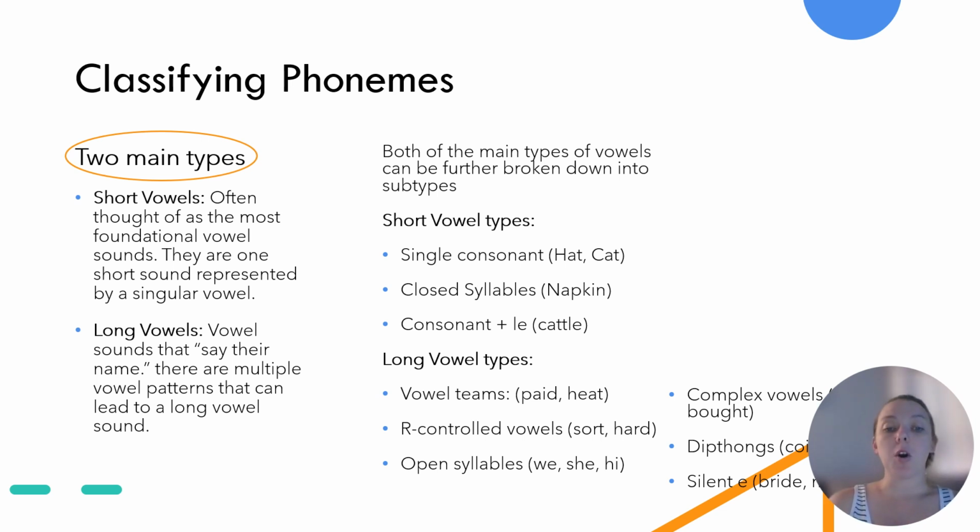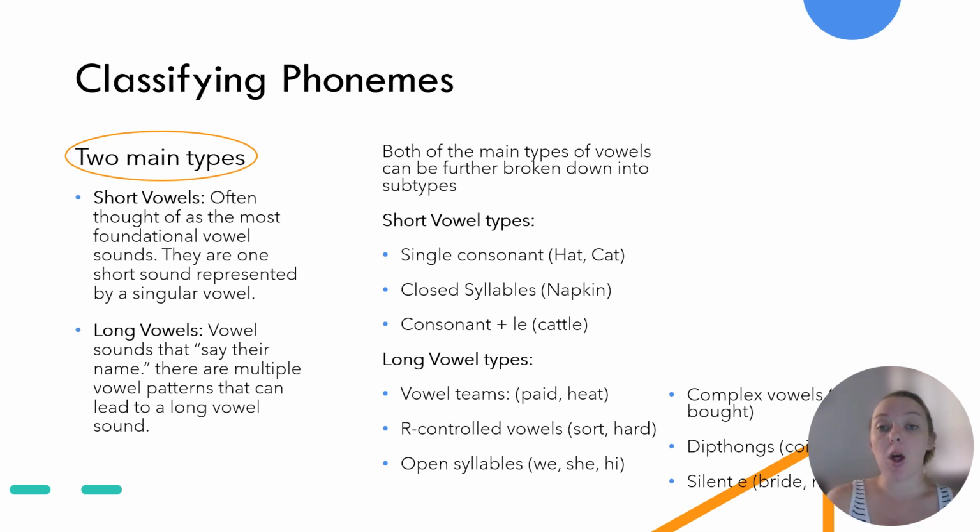And then there's R-controlled vowels, where there's an R immediately following the vowel that changes the vowel sound. Examples of that would be sort or hard. And then there's open syllables, where the syllable ends in the vowel, like we, she, hi.